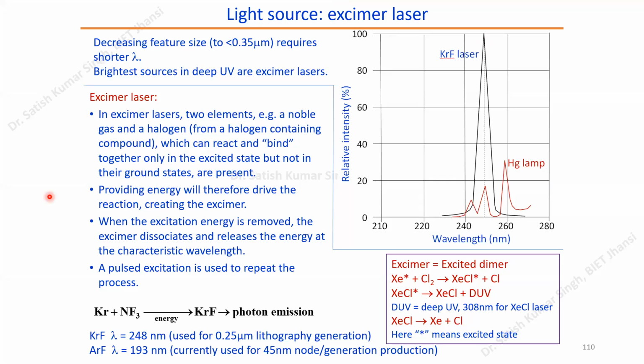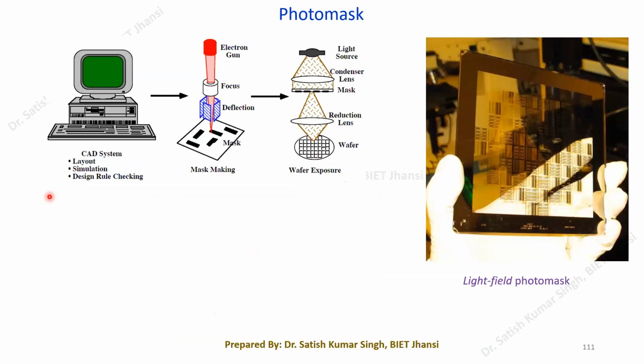In today's lecture, our main aim is to discuss our next topic, which is the photo mask. So let's begin the discussion. As I explained, in optical photolithography, try to recall this system.